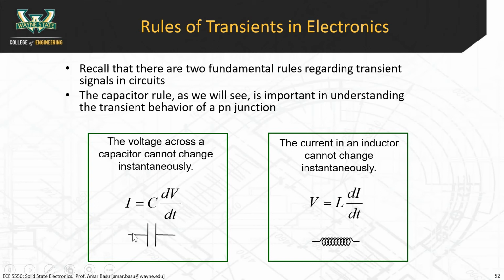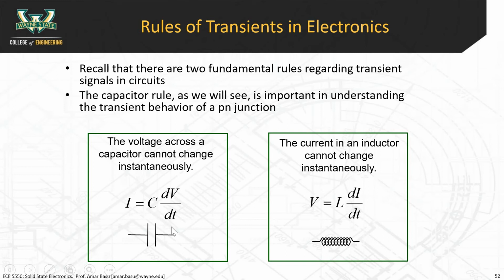Multiply that by the capacitance, and you get the current. So the current going through the capacitor is equal to C times dV/dt.